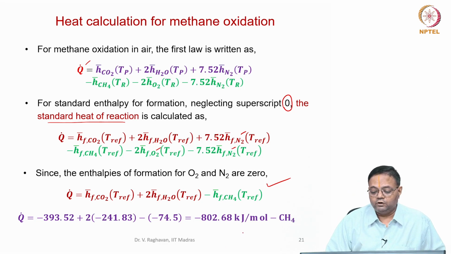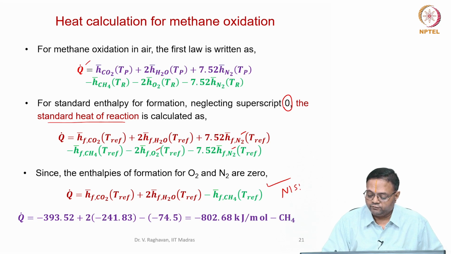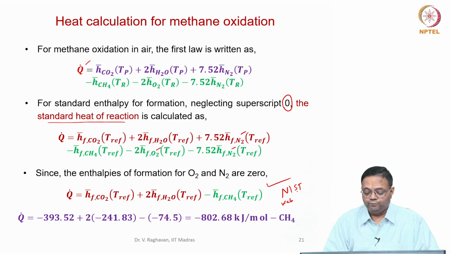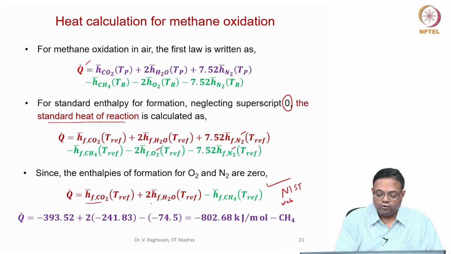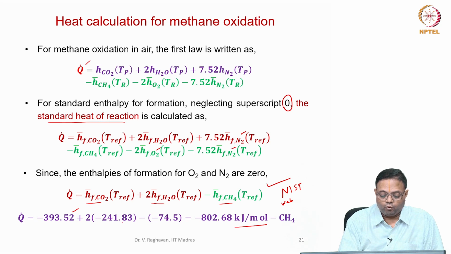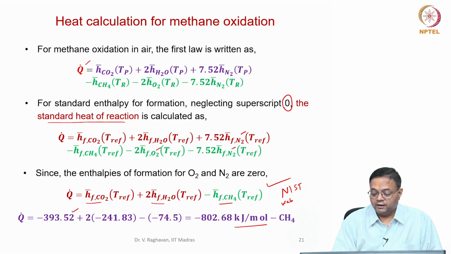If you go to the NIST website, you can see a huge database there from which we can get these values. As I told you, tabulations of these values are available. From these, I substitute the enthalpy of formation of CO2 as minus 393.52 kilojoule per mole, or megajoule per kilomole, minus 2 times the enthalpy of formation of water vapor, which is minus 241.83, minus the enthalpy of formation of methane, which is minus 74.5.